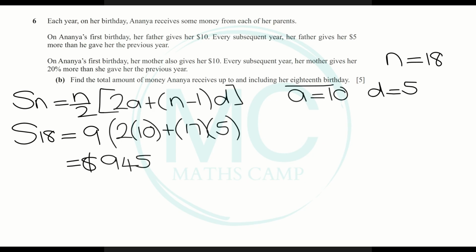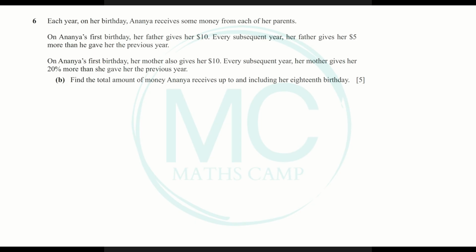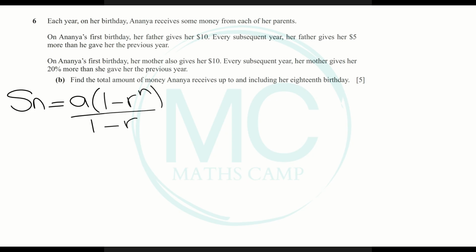Now let's see how much money Ananya receives from her mother. Her mother's payments take on a geometric progression. So to find the sum, we're going to use Sn is equal to A multiplied by 1 minus R exponent of n over 1 minus R. The initial amount, our A value, is 10. So A is 10.